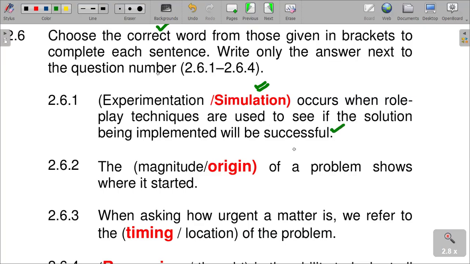And then the origin of a problem shows where it started. Where does the problem start? It is the origin.